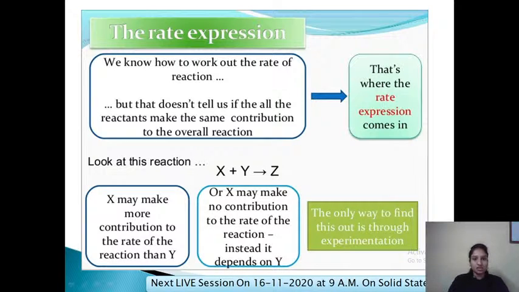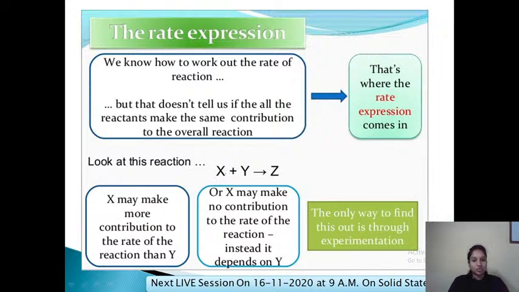Okay. Now, what this order or rate expression they generally tell us. Now, for example, we have X plus Y giving rise to some product Z. Now, this X and Y both are reactants. How can we say that both are contributing equally to the formation of Z?